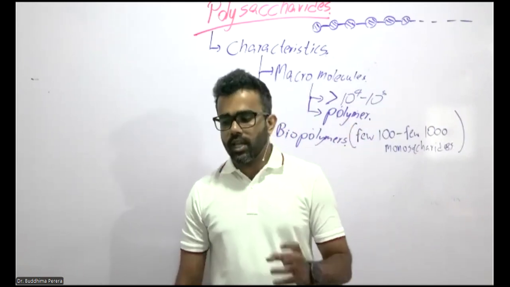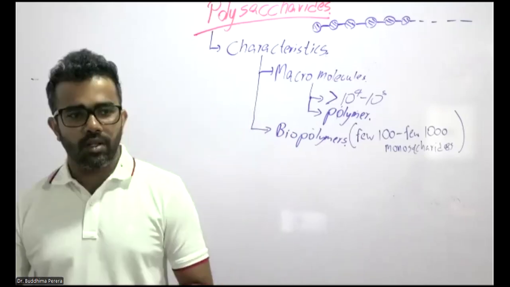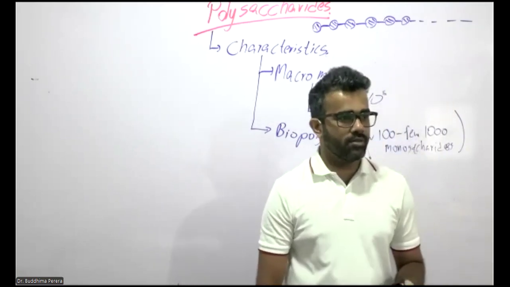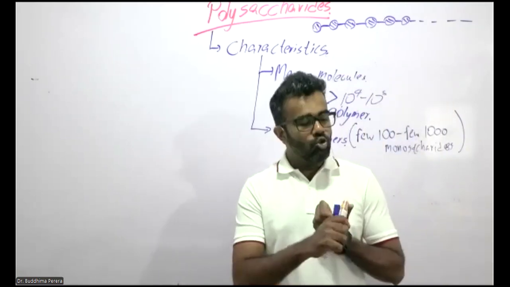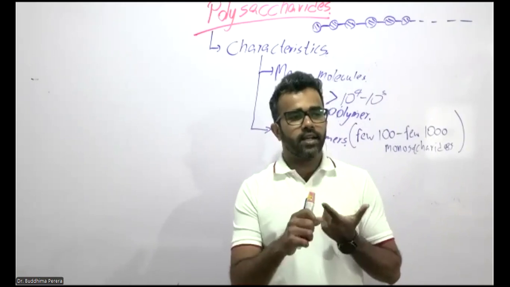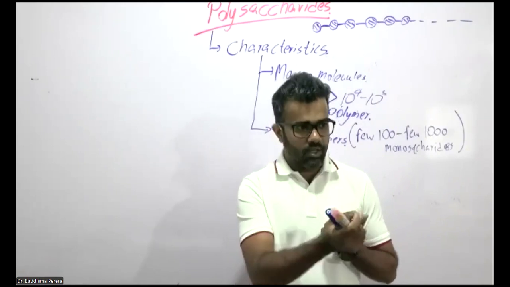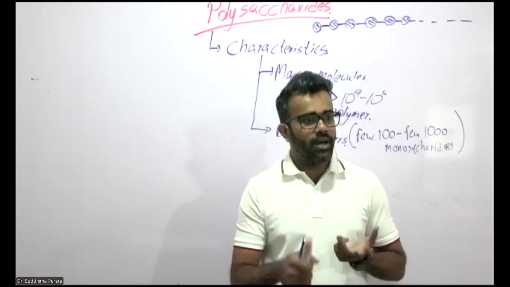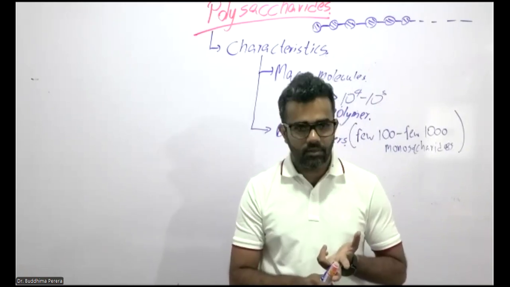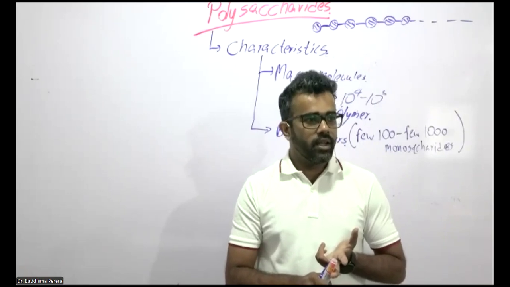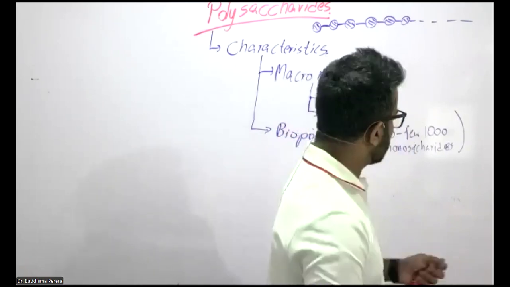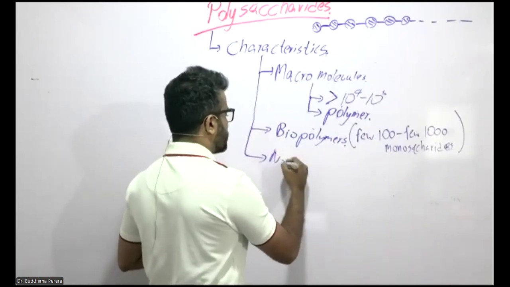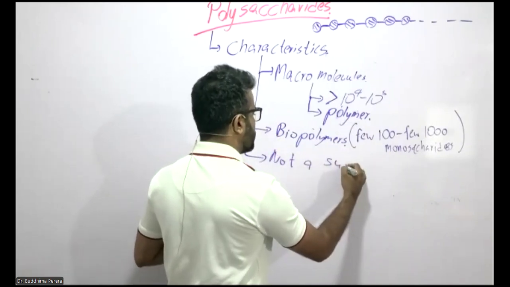Is starch sweet? No. Glucose is sweet. A disaccharide example is sucrose, the sugar we use in day-to-day life, which is sweet. But starch is not a sugar. That's why it's not sweet.